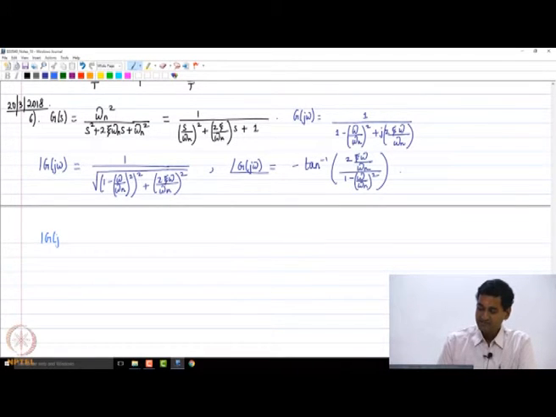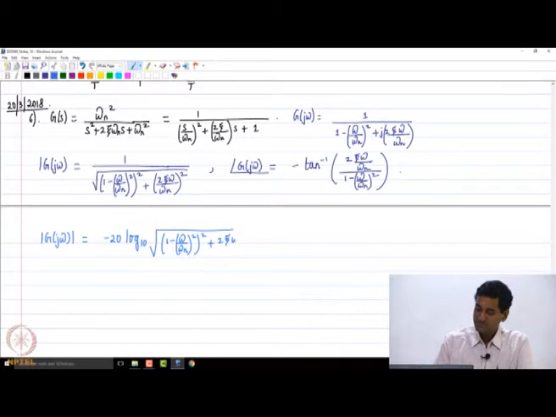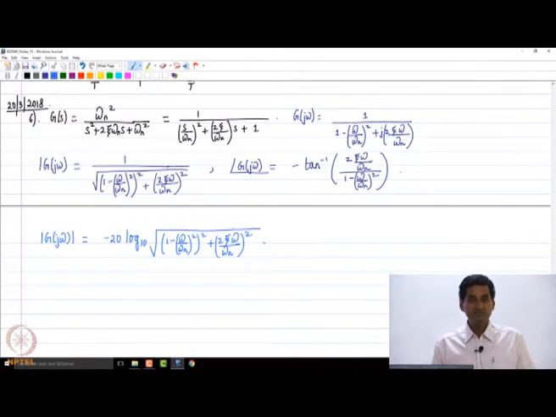We can immediately see that the magnitude in decibels is going to be minus 20 log to the base 10 of the square root of 1 minus omega by omega n whole square, squared, plus 2 zeta omega by omega n whole square, okay. This is in decibels, right.